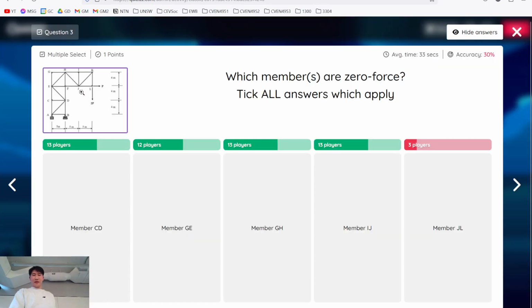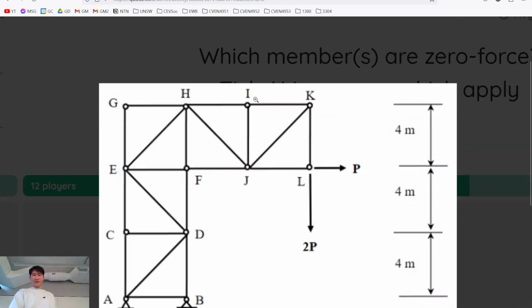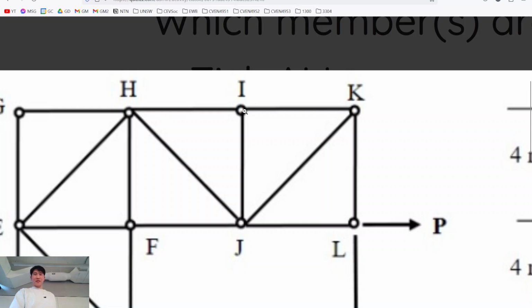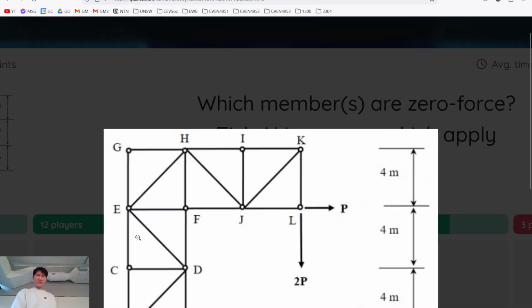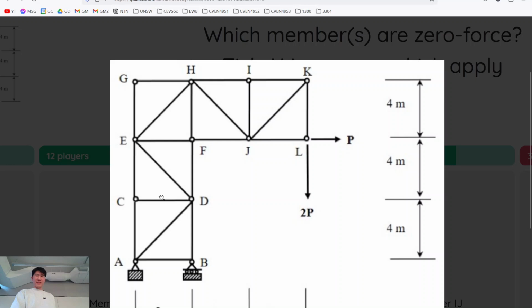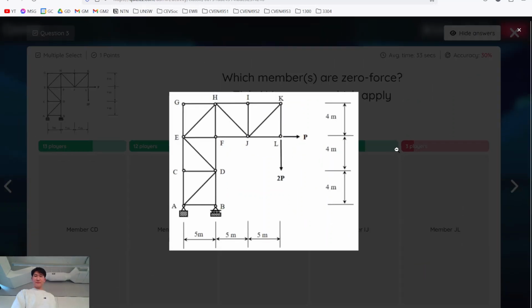Over here at I, there are 3 members connected to it, and 2 of them are collinear, and there's no point load on it, so IJ will be zero force. Similar situation for CD being zero force.